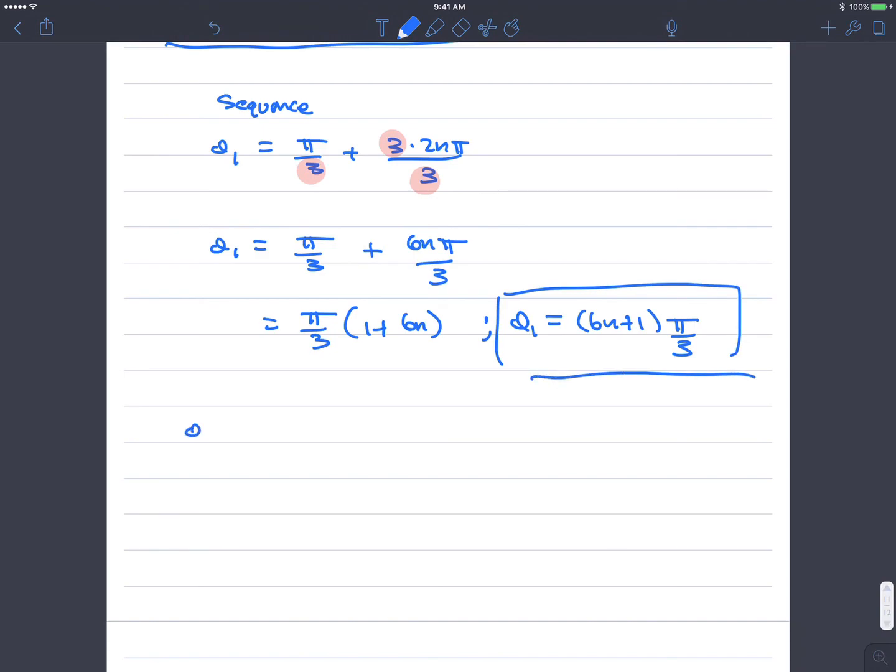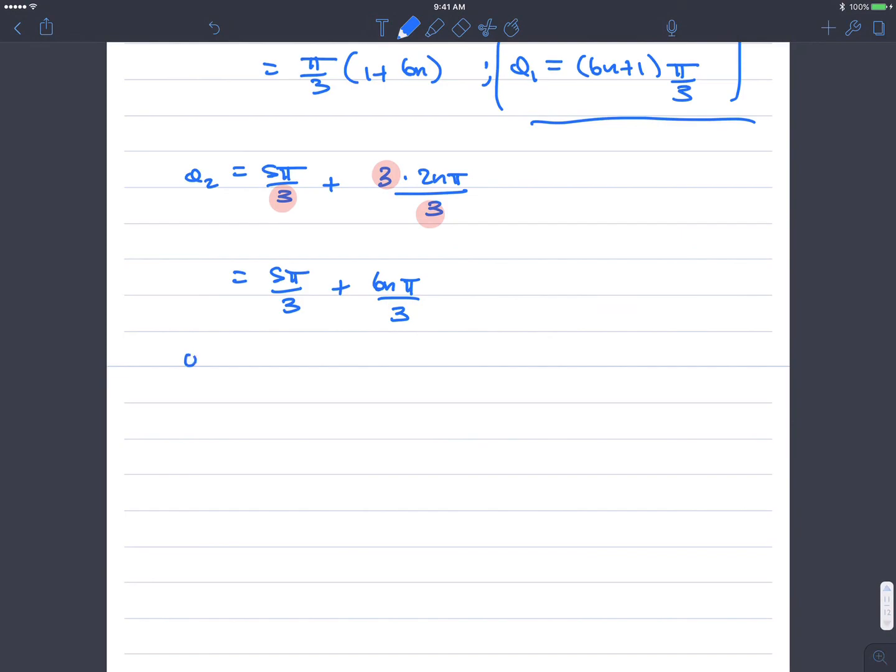The second solution we found was 5 pi over 3, right, plus 2n pi. And don't forget, with our 2n pi, we have to multiply by what? 3, right? Same idea. These 3s are here. So we get 5 pi over 3 plus 6n pi over 3.